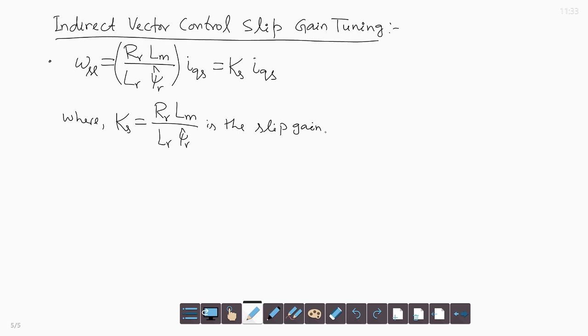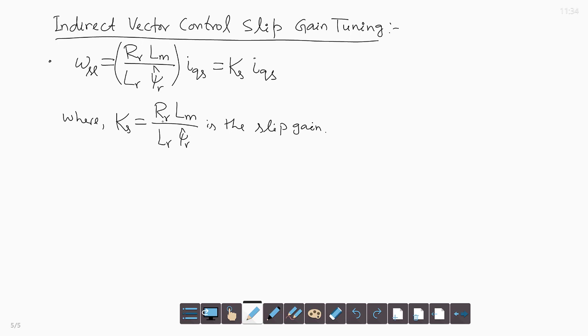So, it is desirable that the parameters RR, LM, LR used in the slip gain calculation Ks match the actual parameters of the machine at all operating conditions to achieve decoupling control of the machine. If RR, LM, LR used in the vector control deviate from the actual parameters in the machine during operating condition, vector control will not be obtained.